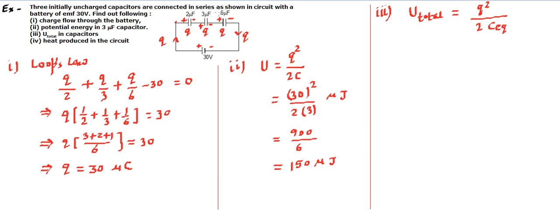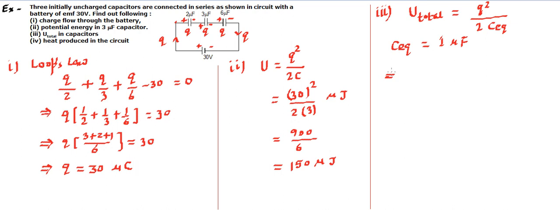Now we can find the equivalent capacitance of this particular series circuit, and that value you can quickly calculate is going to be 1 microfarad, because this is series, so it's going to be 1 by 2 plus 1 by 3 plus 1 by 6, that's 1. So 1 microfarad will become the C equivalent.